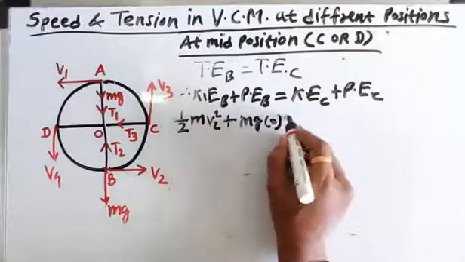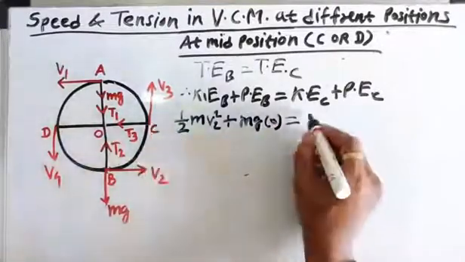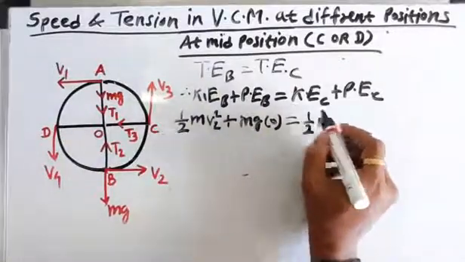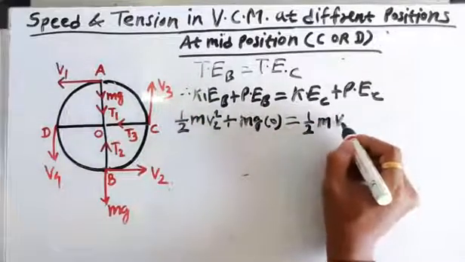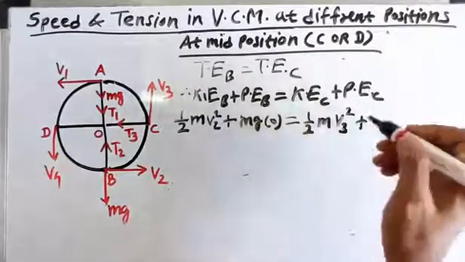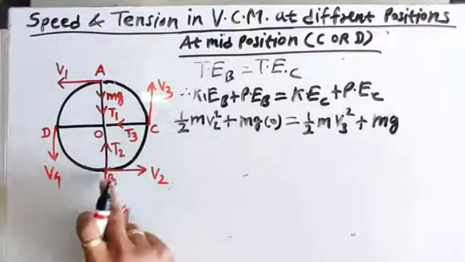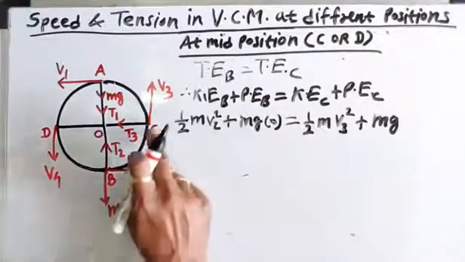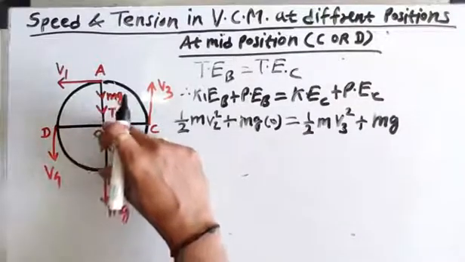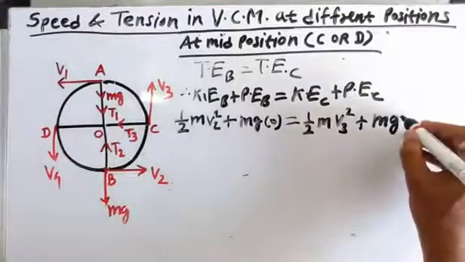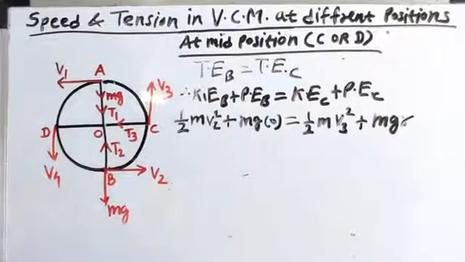This is equal to kinetic energy at C, that is half m v3 square, plus potential energy at C, that is mg h. When the particle moves from B to C, it covers a height of r, so h is r.